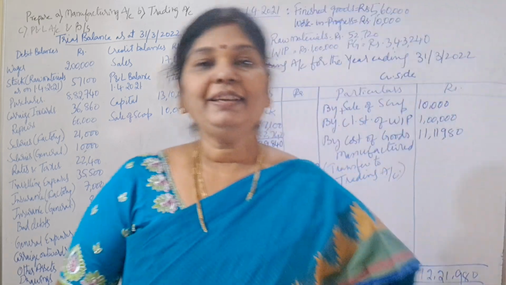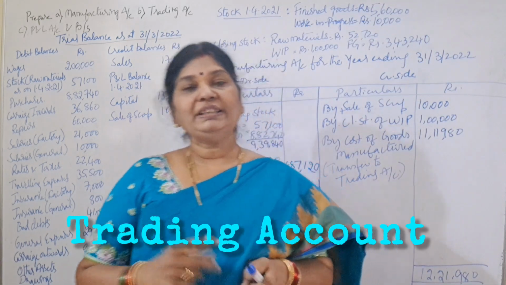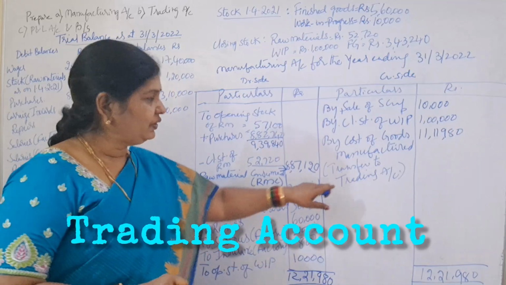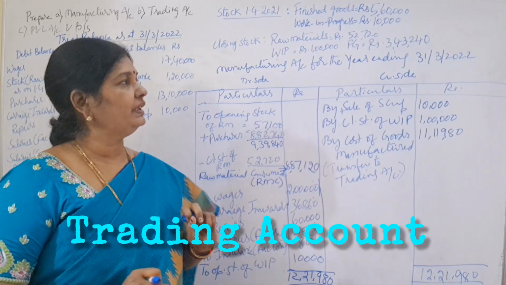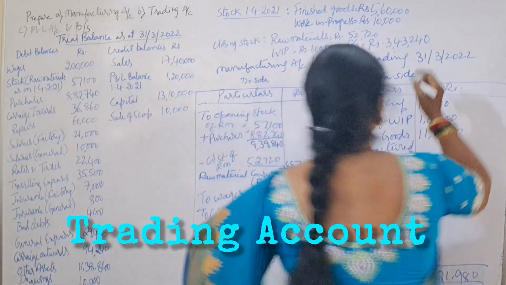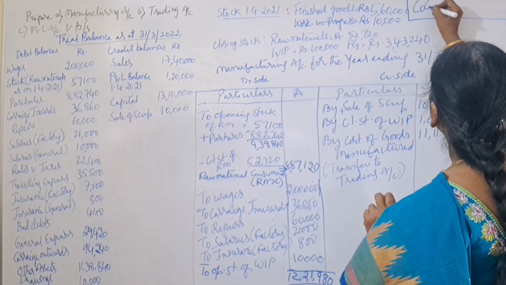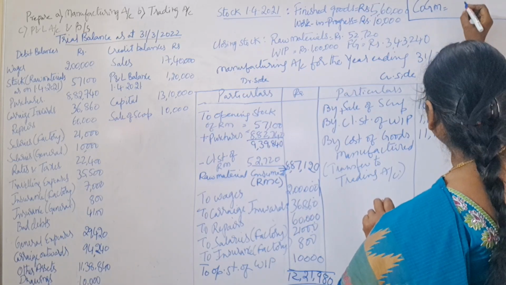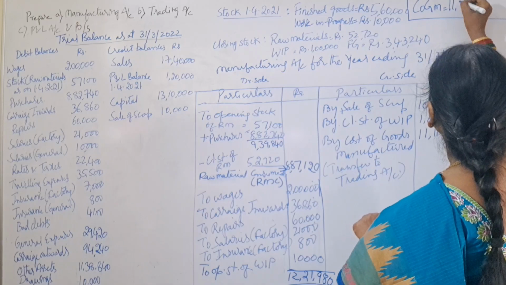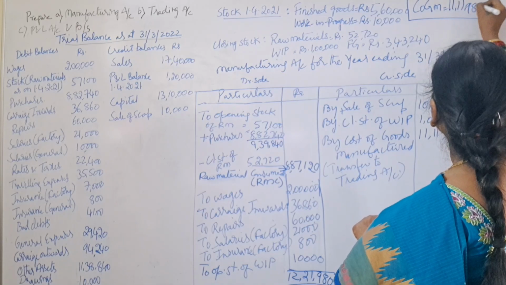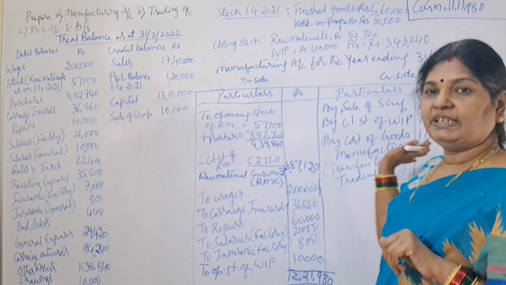Now we will prepare trading account. For that, what do we require? We require the cost of goods manufactured amount. So I am writing this cost of goods manufactured here. How much? 11 lakhs 11,980. Now I will rub this.